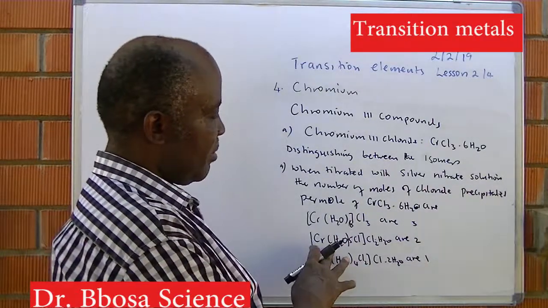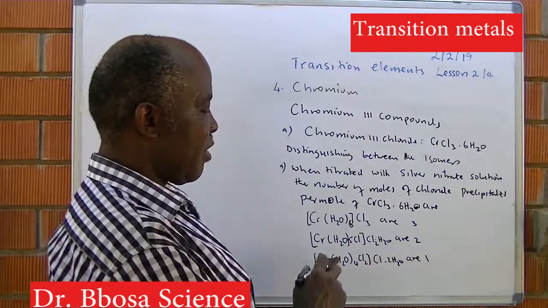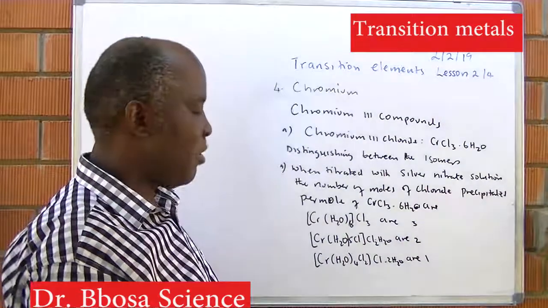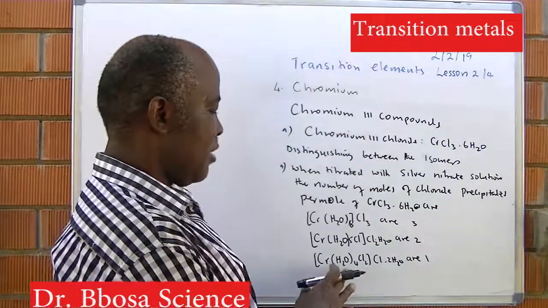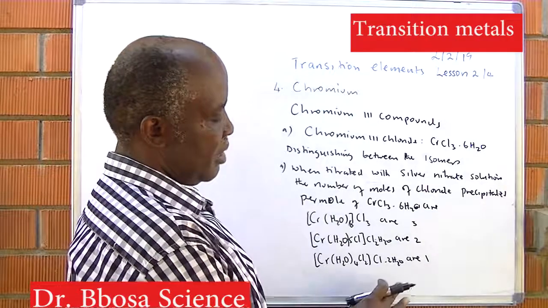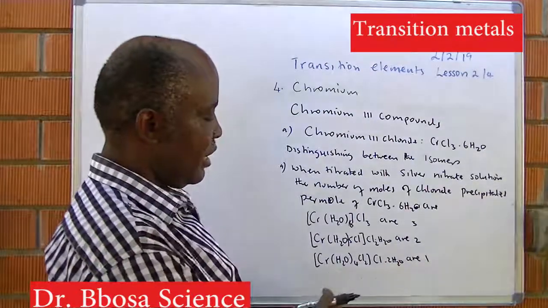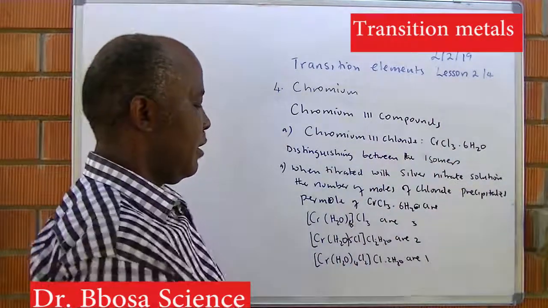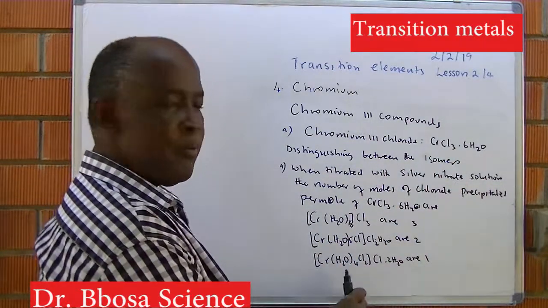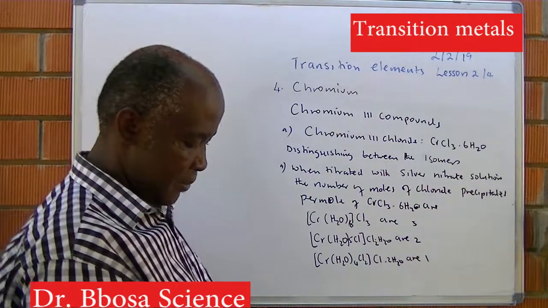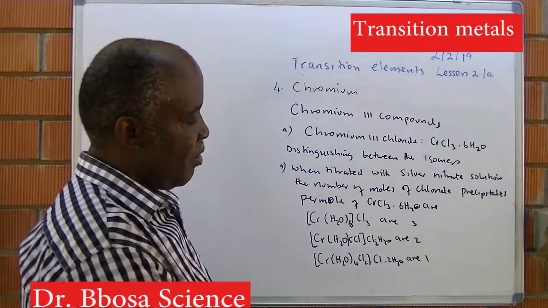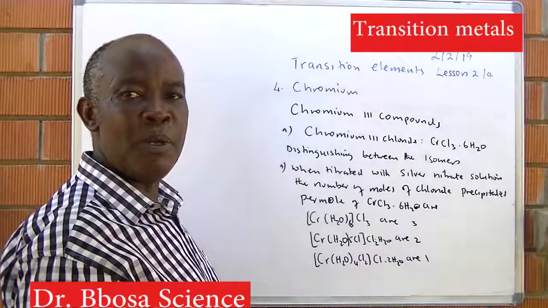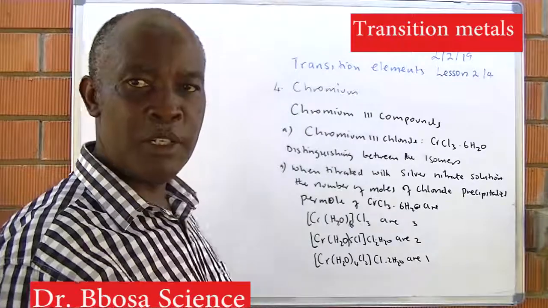In this one, it will precipitate 2, showing that one of the chloride ions is used to form the complex. Then this one will precipitate 1 mole of chloride ion, showing that 2 of the chloride ions are used to form a complex, and only 1 chloride ion is free to ionize and form a precipitate with silver nitrate.